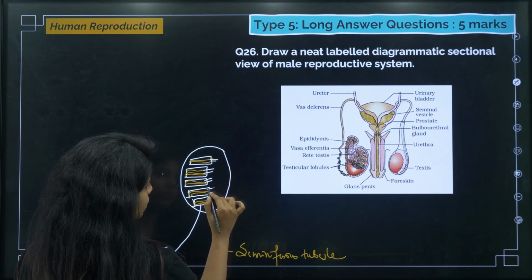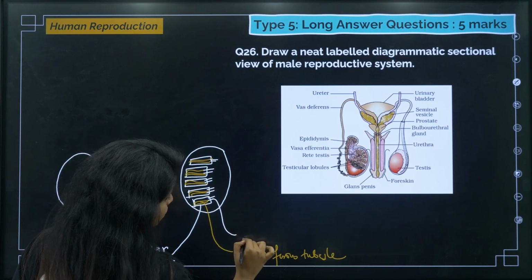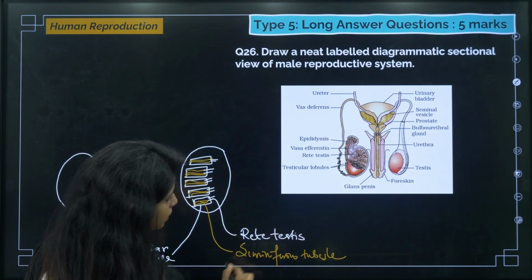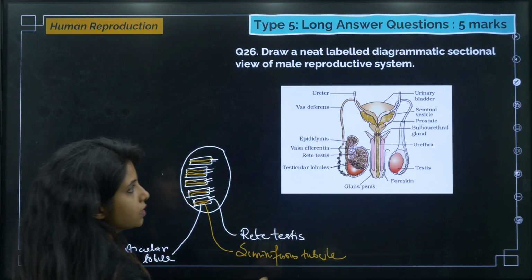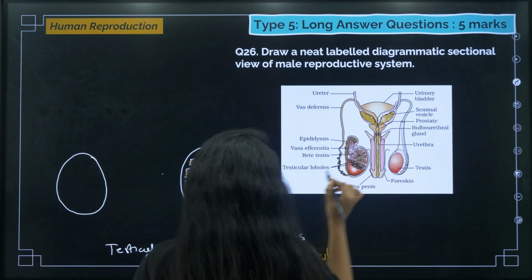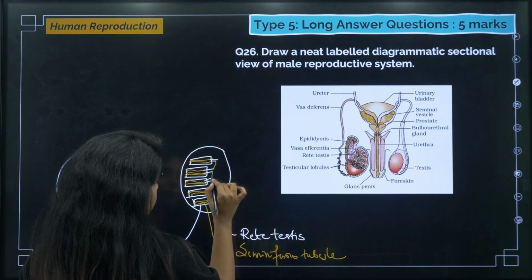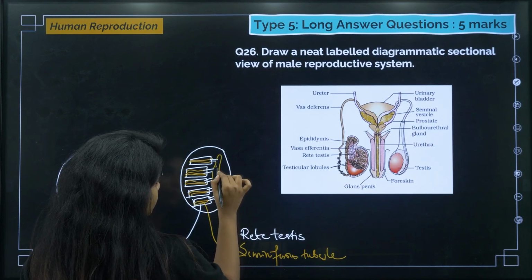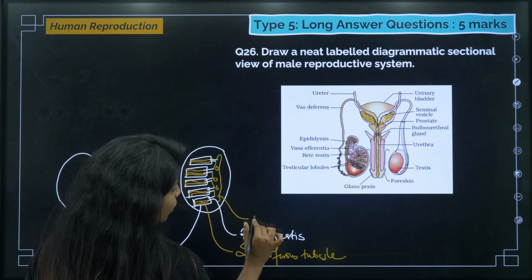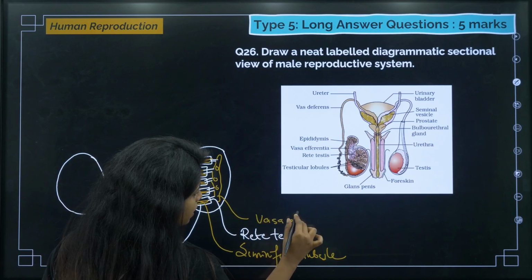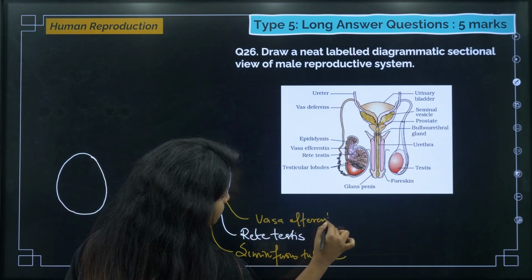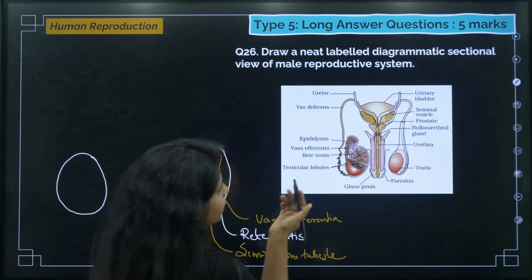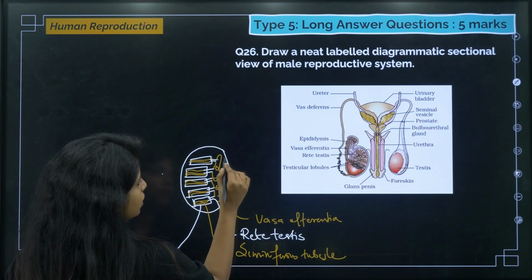Now from here, this thing that you see is known as the rete testis, and the rete testis basically combine together over here. This will be what? Vasa efferentia. It's not mentioned properly in your NCERT, but still.